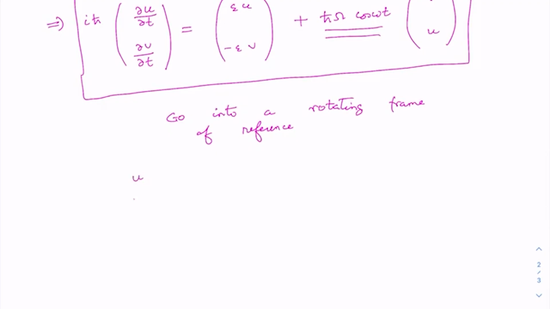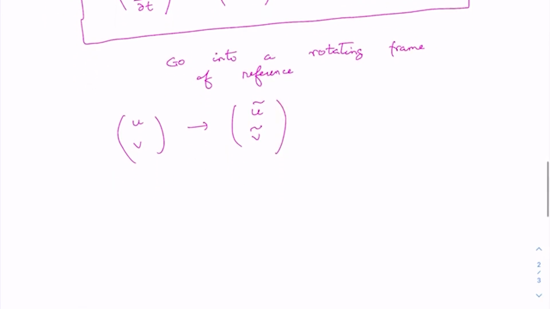So let us go from the variables u, v to some other variables u tilde and v tilde, which are connected to the old variables like this. So u is equal to u tilde e to the power minus i omega t by 2, and v is v tilde e to the power plus i omega t by 2.